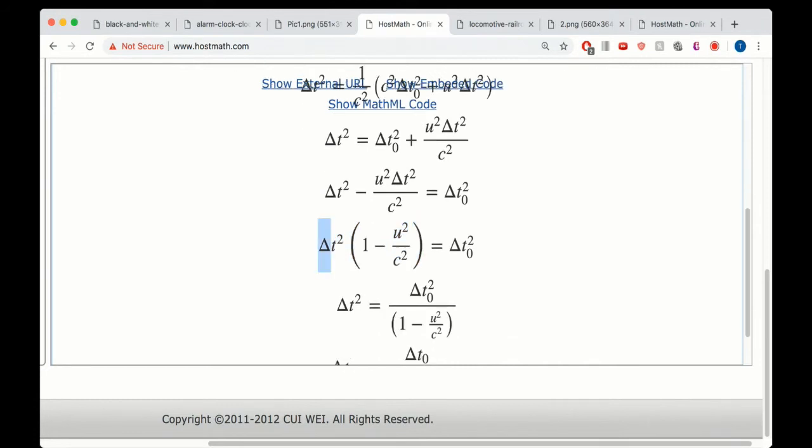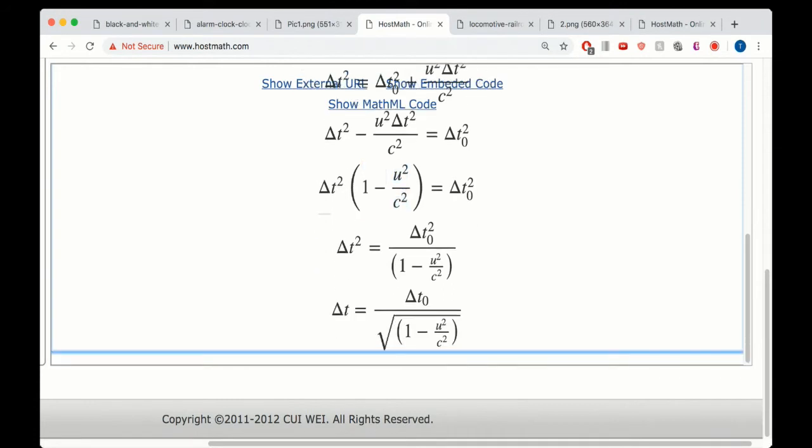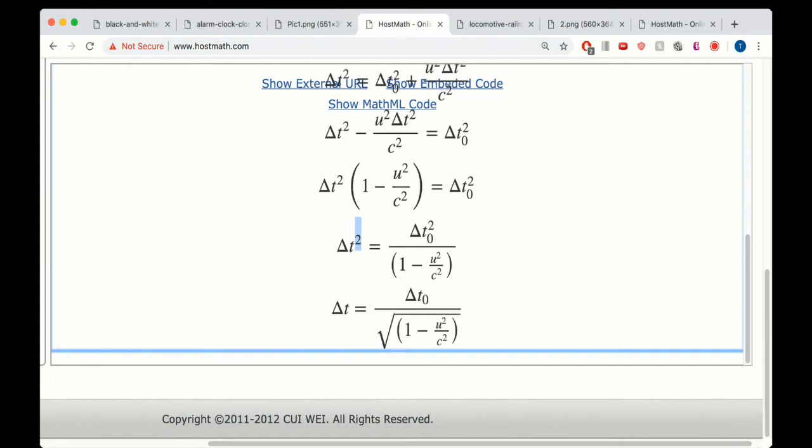We isolate the delta t squared by dividing by this larger term, and we get this expression. Finally, we get rid of the squares, so this square goes away and we get delta t equals delta t0 over the square root of 1 minus u squared over c squared.